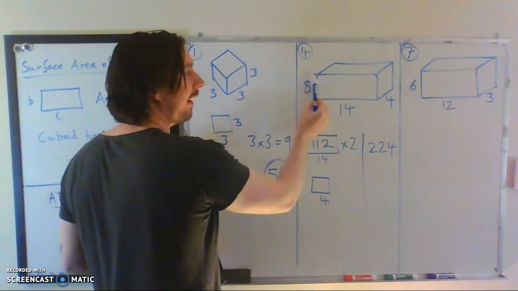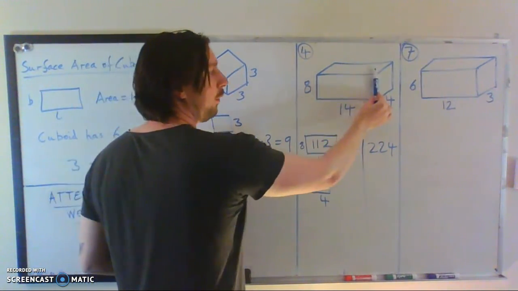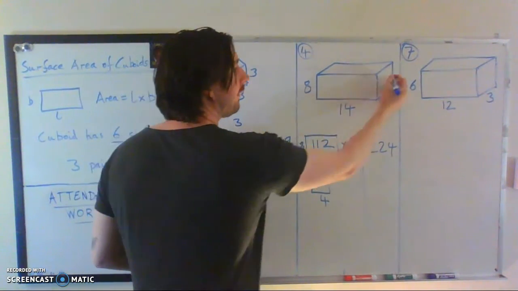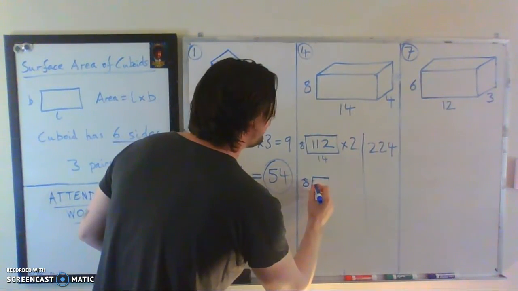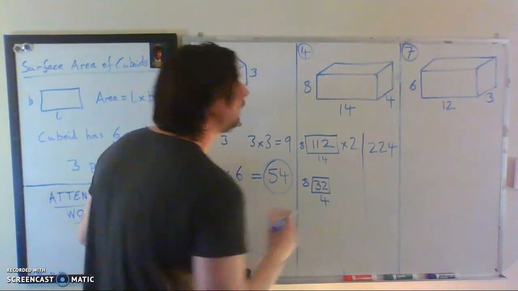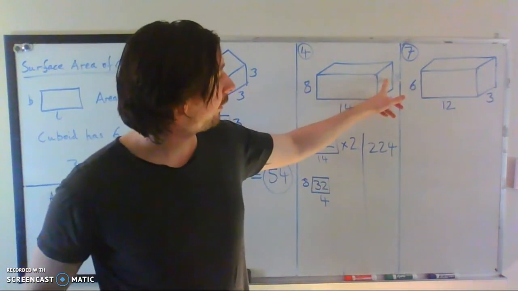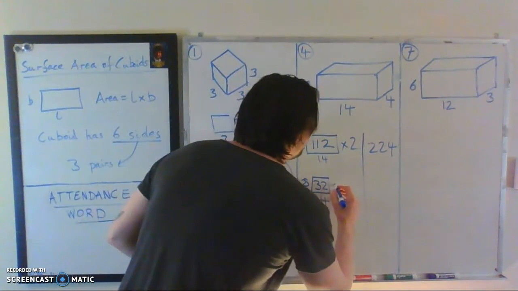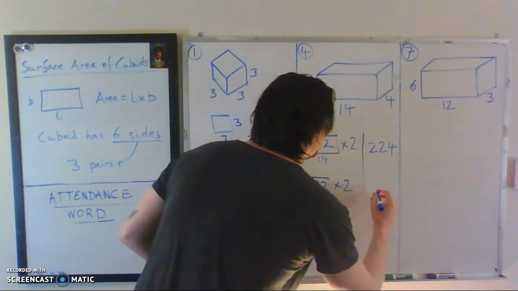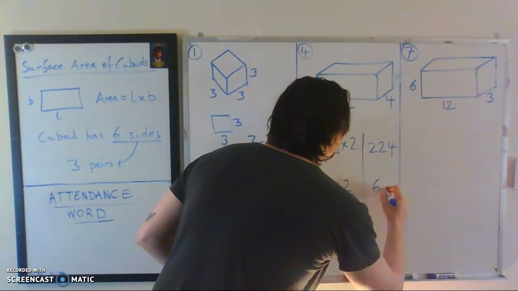Can you see that it is 8 for all of these ones? This is going to be 8 as well. 4 8s is 32. So the end piece here is 32, and so would the piece we can't see. So there's 2 32s, which is 64.